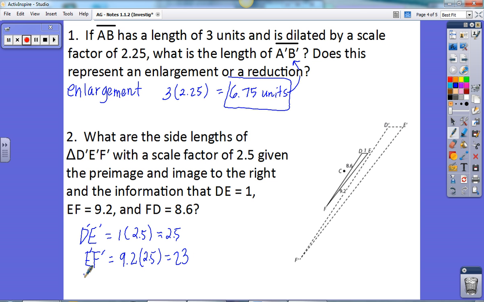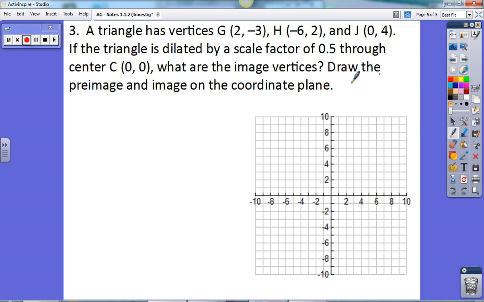And then lastly, FD, F prime D prime, would give me 8.6 multiplied by my scale factor of 2.5, and that gives me 21.5. So fairly straightforward. These are the side lengths of my image when I took my pre-image and multiplied it by the scale factor. Our last example gives us the vertices of a triangle.